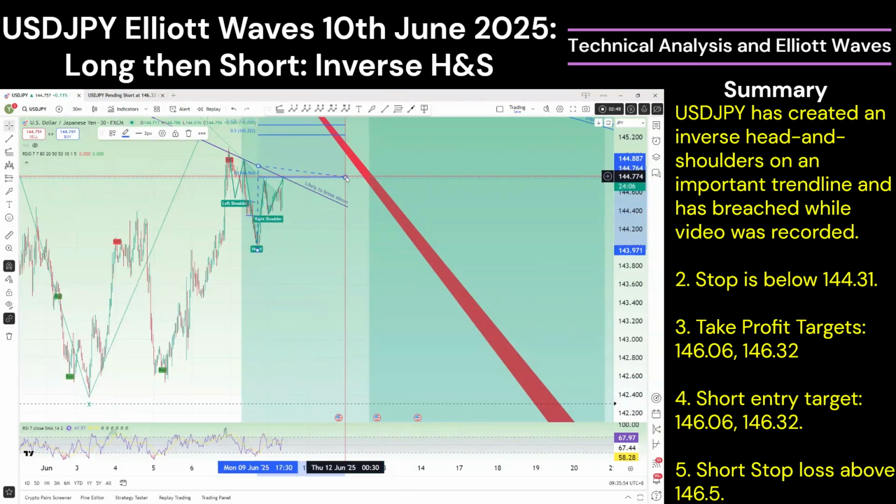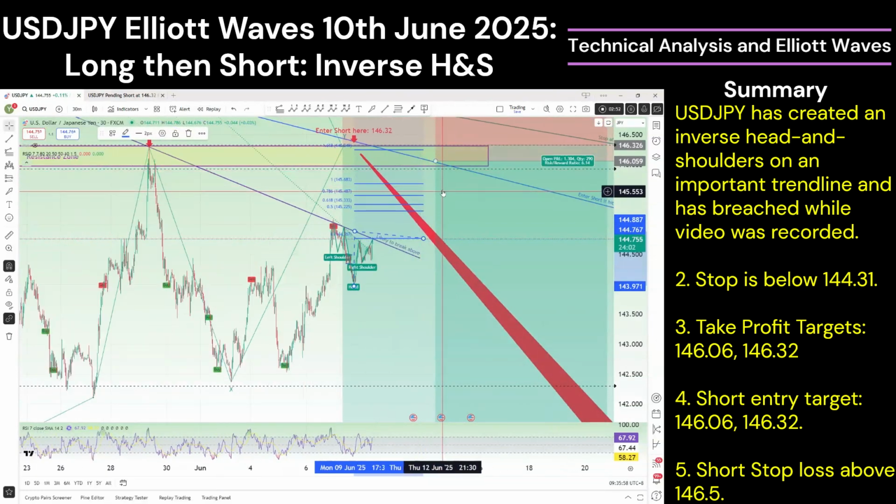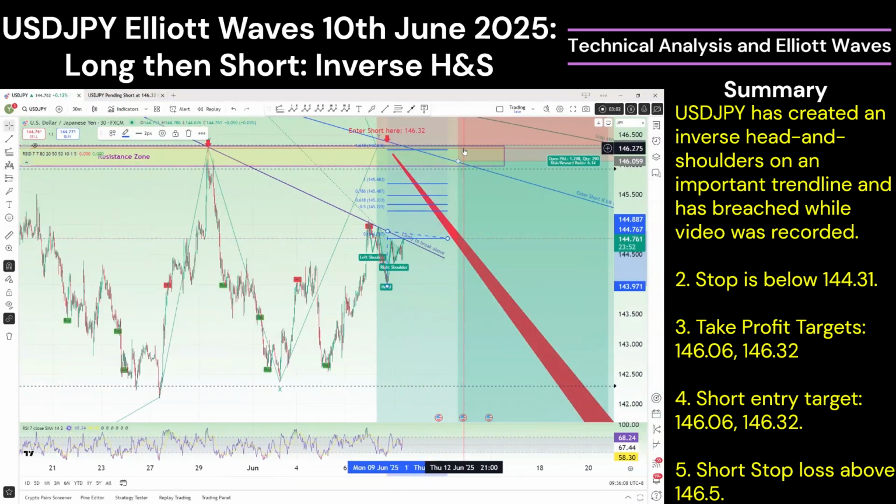And then you can still use this breakout line to do a 1:1, and you see that this target is 145.68, and if you use this 1.618, it will hit 146.25.